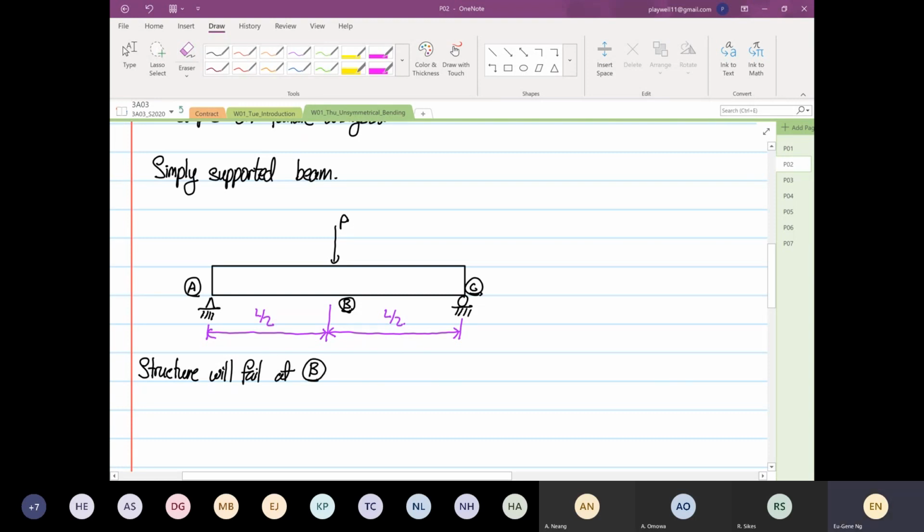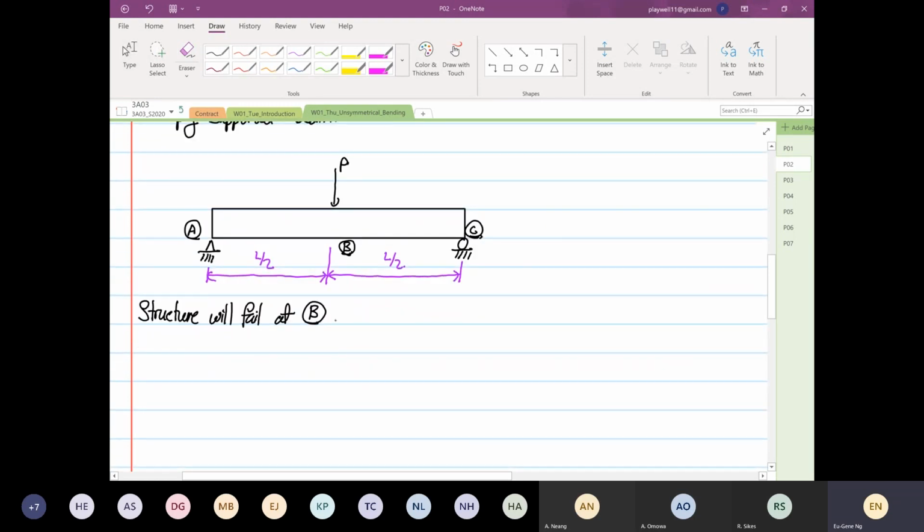Whatever analysis that we do, all analysis will be calculating stresses at point B. So point B is where we want to calculate our stresses, right? Why at point B? Because it's going to fail. We are not going to care about point A, and we are not going to care about point C, because it's not going to fail there.